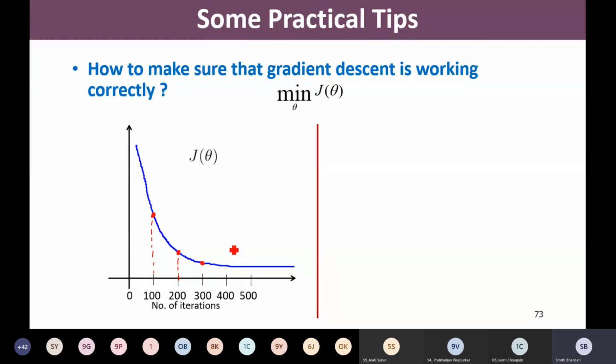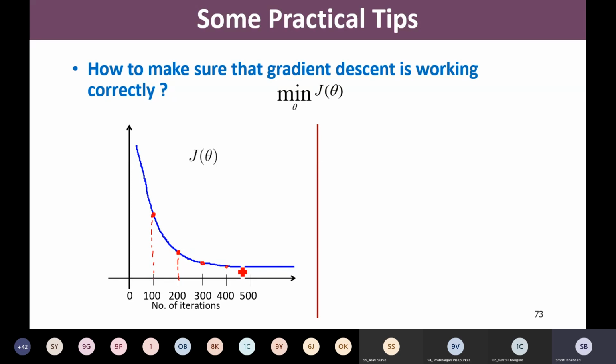So what to infer out of this plot? See what is happening here. After every iteration, my cost function g of theta is decreasing. And somewhere here, at 400 iterations onwards, I have almost the same value of g of theta. So my plot has flattened in this region after 400 iterations.